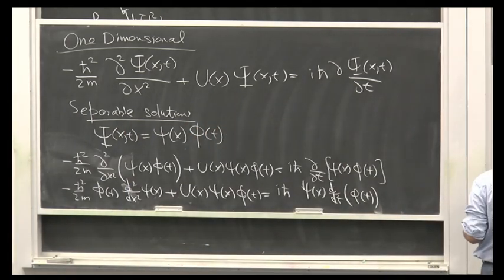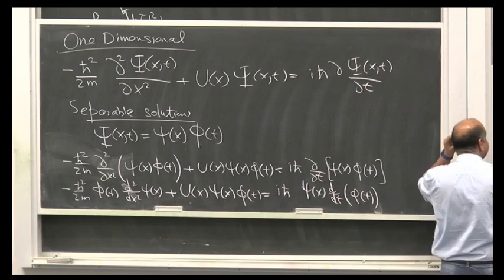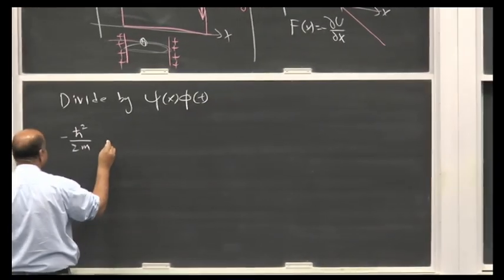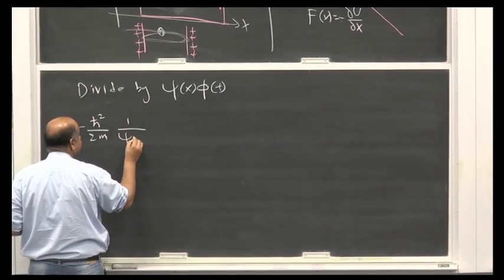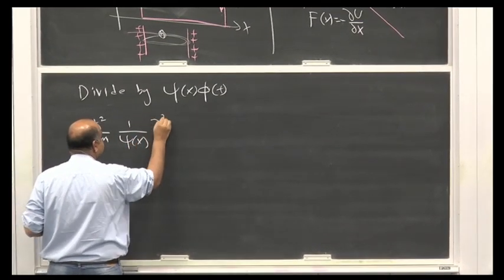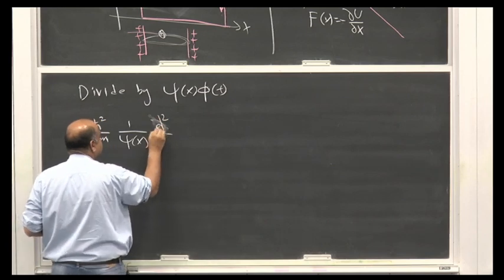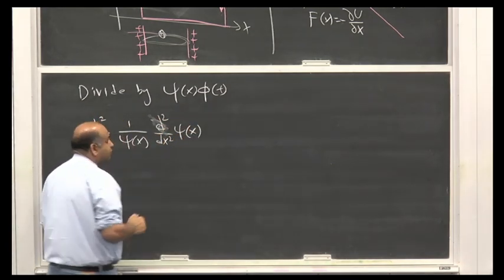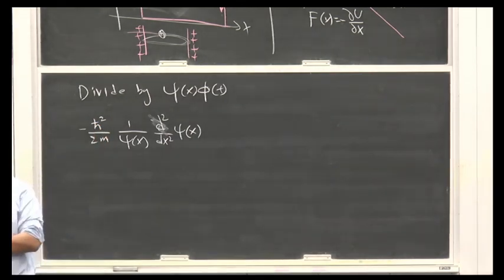So let's divide by this, and we get minus h cut square over 2m, 1 over psi of x, partial square. So right now I'm not solving any particular problem. What I am doing right now is applicable to all problems.